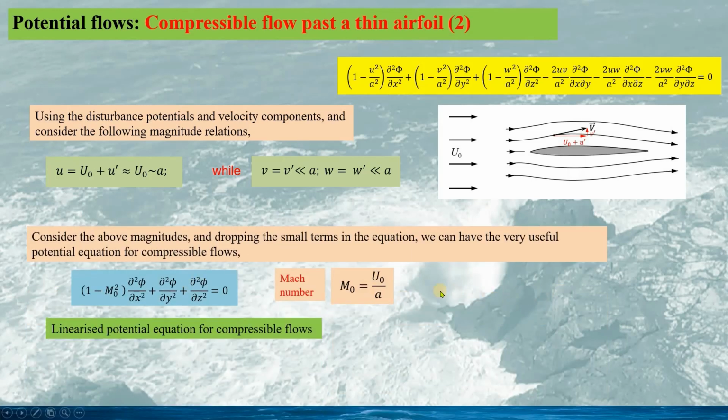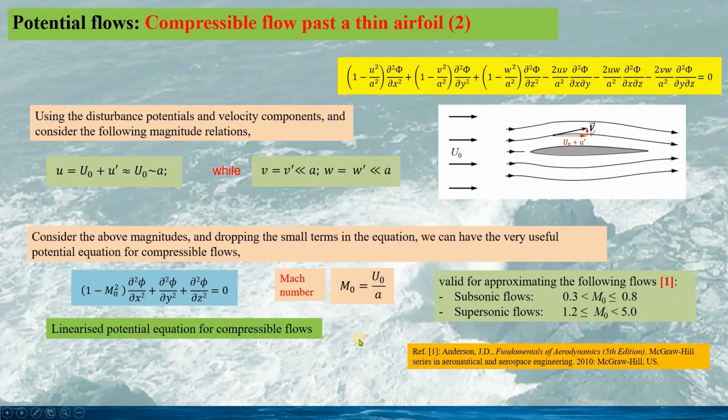So consider the magnitude and drop the terms of small value. We can have the equation as the linearized potential equation for compressible flows, given by this equation. Here, M0 is the Mach number, defined as the ratio of the incoming flow velocity over the speed of sound.